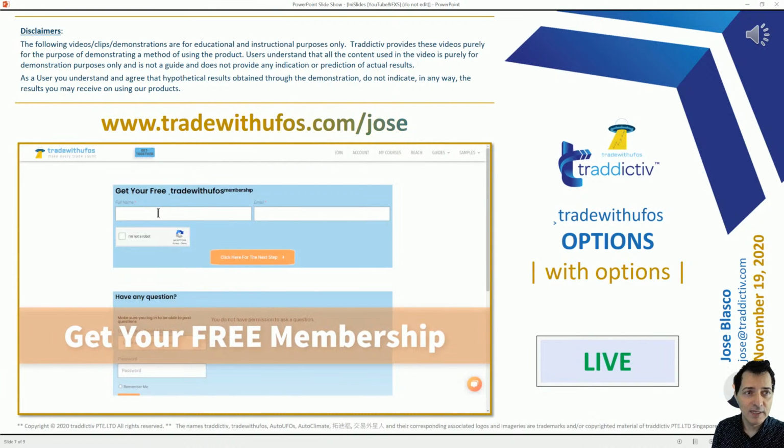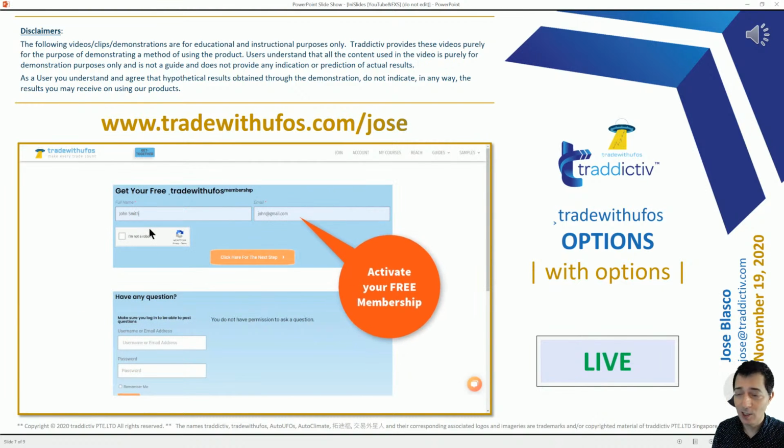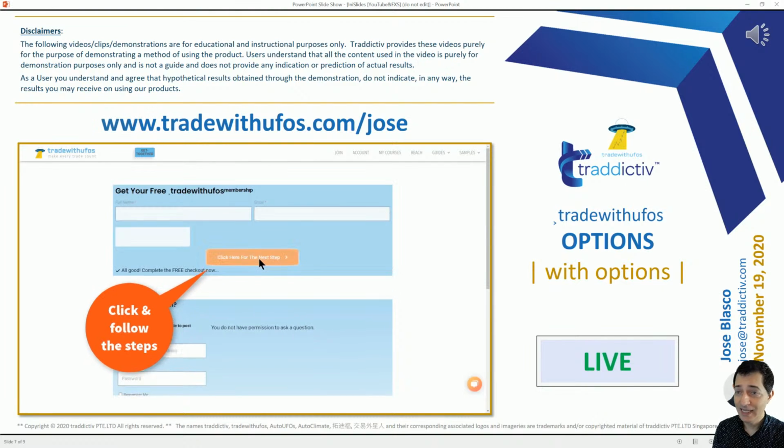Today is November 19, 2020. Today is options with options. So we're going to be looking at different opportunities to execute options trades with AutoUFOs. Of course, options give you options you need.